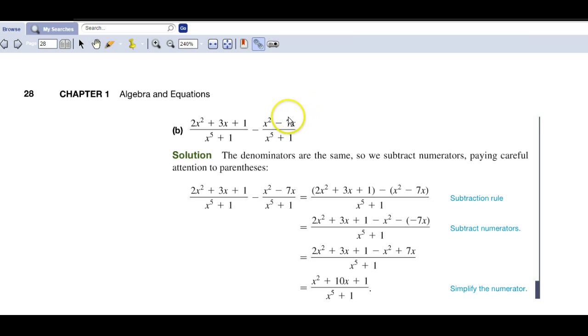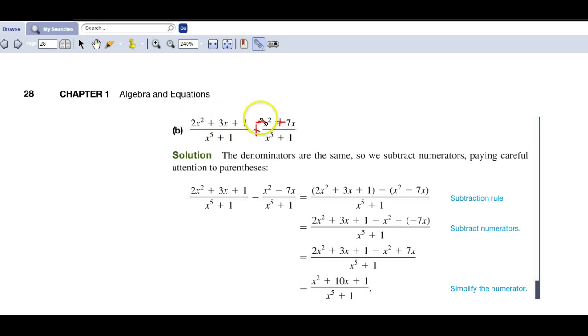Now, for something like this, it's a little more technical, but your denominators are the same, but you are subtracting now. So a suggestion for this would be change this to a positive, but make this term a negative now, and this a positive.